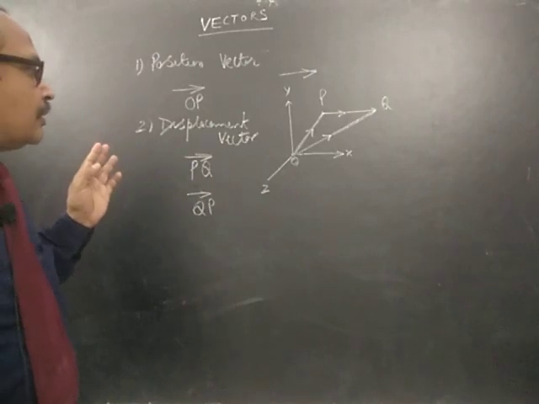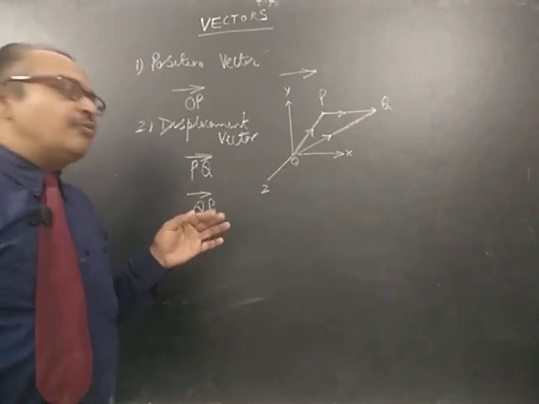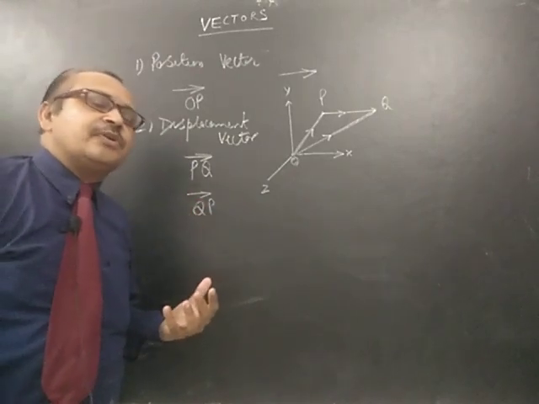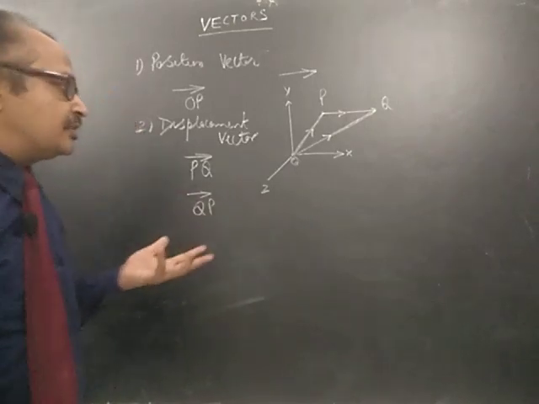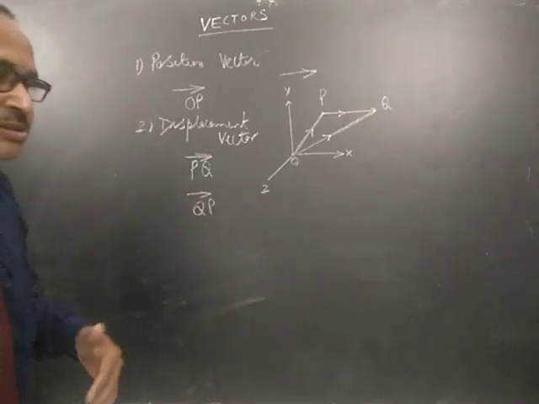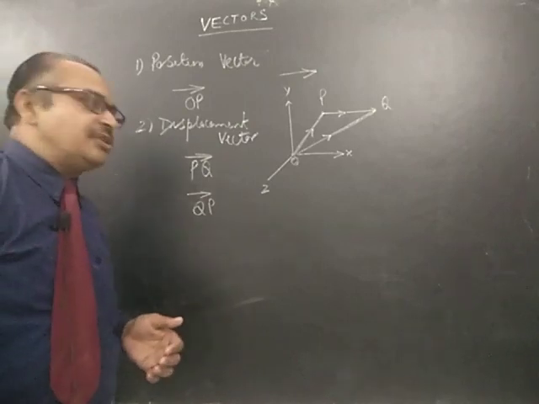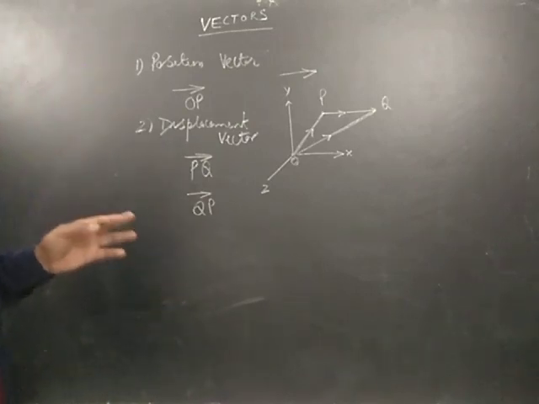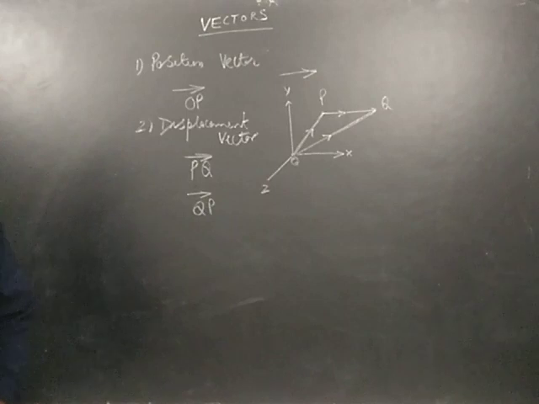So how do we calculate? The various laws of vector addition we are going to discuss in our next lecture. But before we conclude today, is there any doubt? Are you able to understand what vectors are?